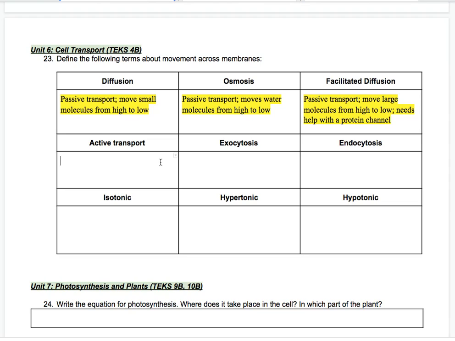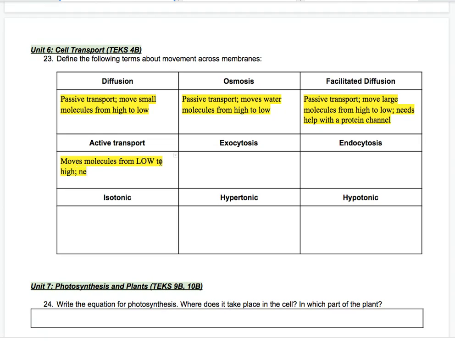Active transport is not passive. This one moves molecules from low to high. So it's moving molecules against their concentration gradient. Normally things want to go from high to low because that's easier, but it's going from low to high, so it's going against the concentration gradient.